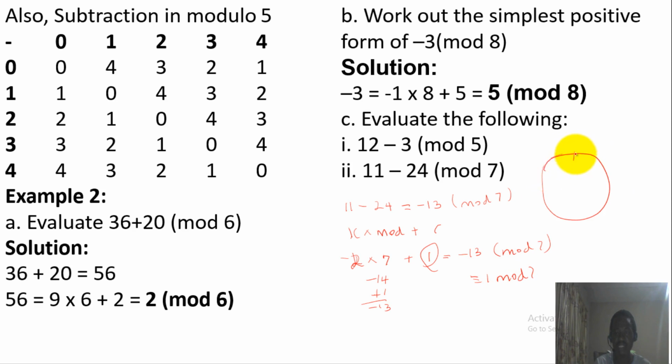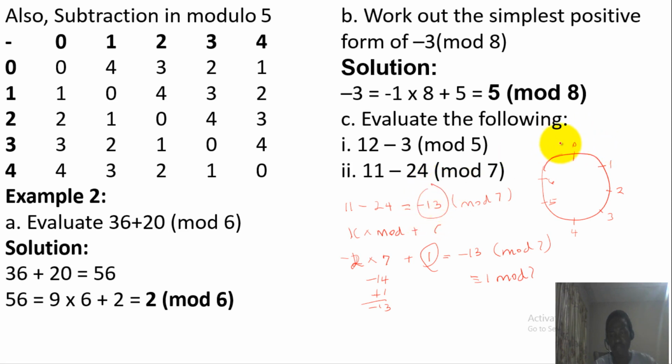Or you use your big chart, but you have to remember something. Don't forget, because if you do, you are going to redo it. This 3, automatically this 4, then this 5, then this will be 6. You have 0, 1, 2, 3, 4, 5, 6. Therefore, it's moving in anti-clockwise direction because it is minus 13.